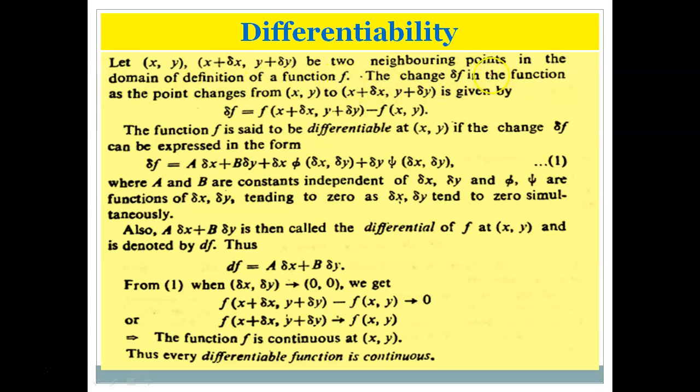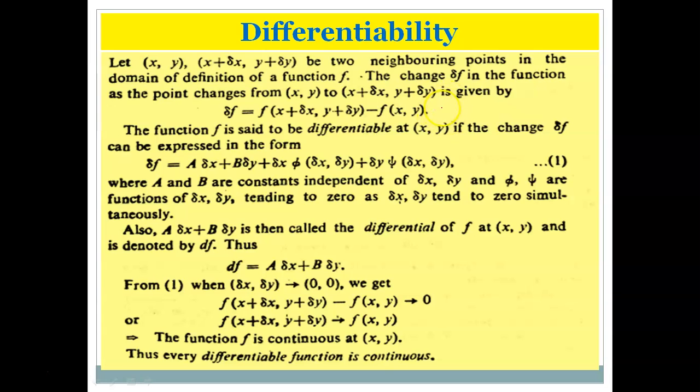The change delta f in the function as the point changes from (x, y) to (x plus delta x, y plus delta y) is given by delta f equal to f of (x plus delta x, y plus delta y) minus f of (x, y).